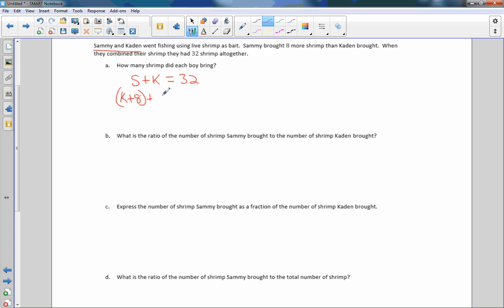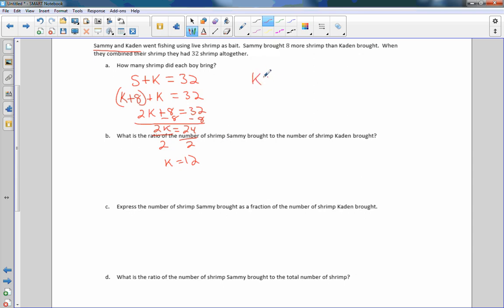And then that equals 32. So if I add all this up, I get K plus K, which is 2K, plus 8 equals 32. If I subtract 8 from both sides, I get 2K equals 24. Then if I divide by 2 on both sides, I get K equals 12.